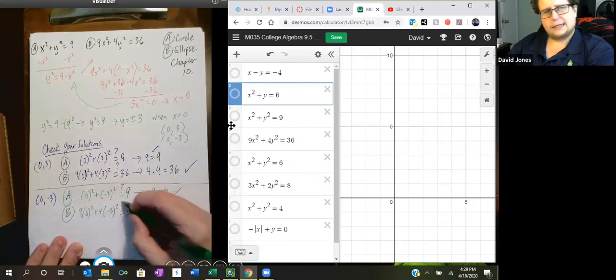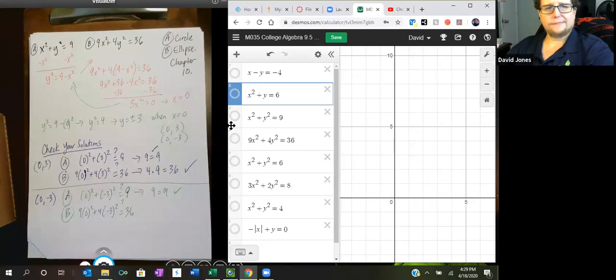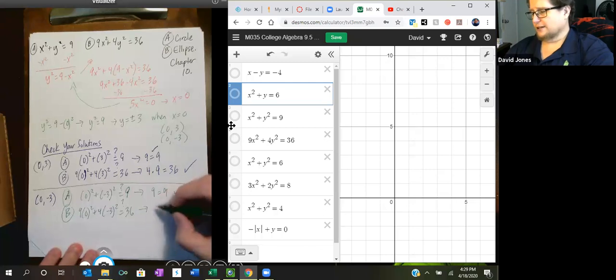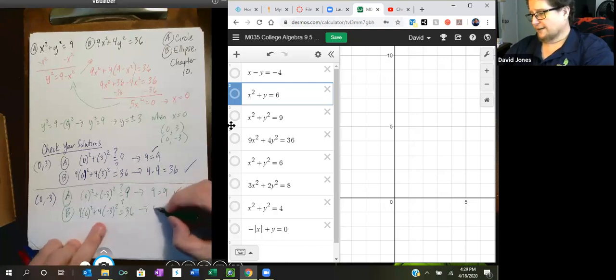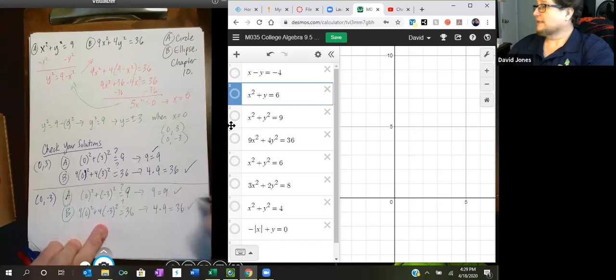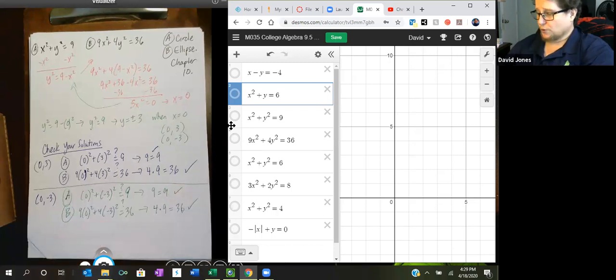Does that equal 36? 9 times 0 squared is 0. We've got negative 3 squared is 9. 4 times 9 does equal 36. So both solutions work.